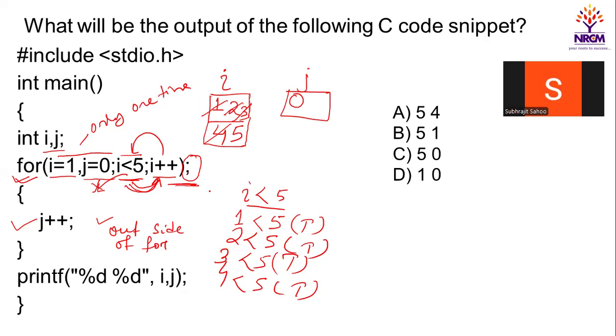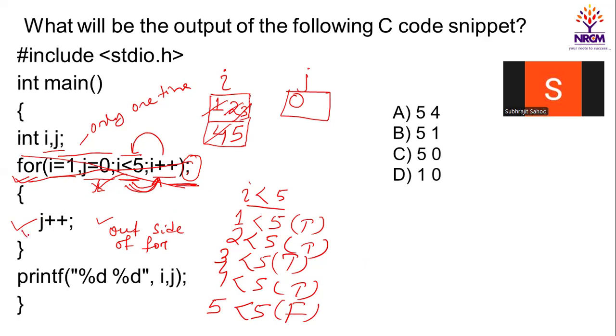Then the condition will be checked again. What is the last condition? 5 less than 5, true or false? False. False means the for loop will be terminated, and i is now 5.